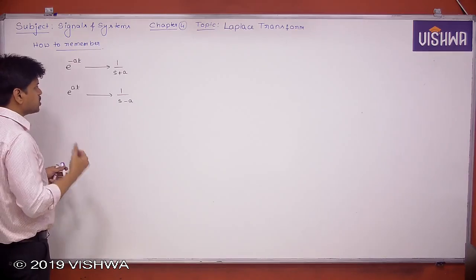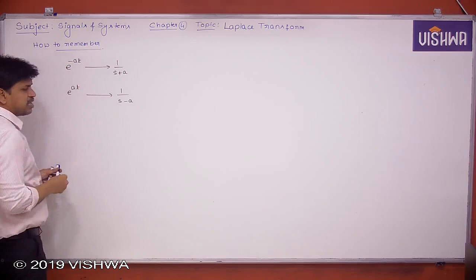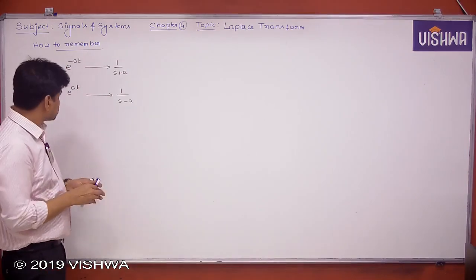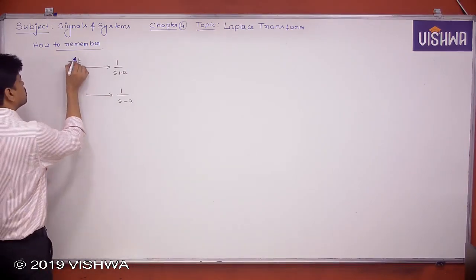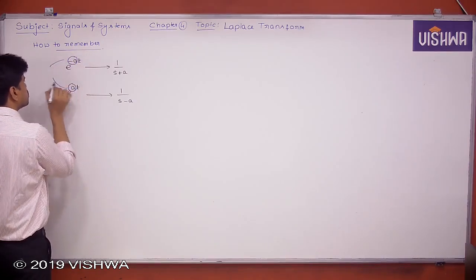That means, to say the pole, we don't have to go for Laplace transform. By seeing the exponential itself, I can say what is the pole. So what is the pole here? This is the pole. These are nothing but the poles.